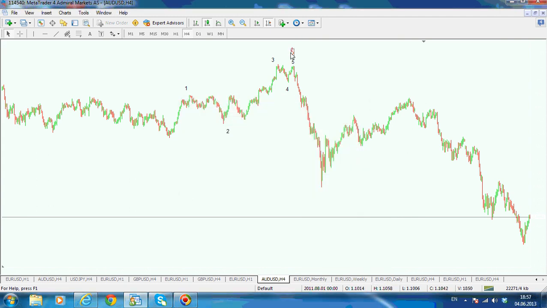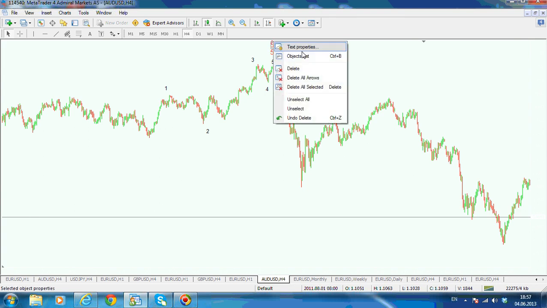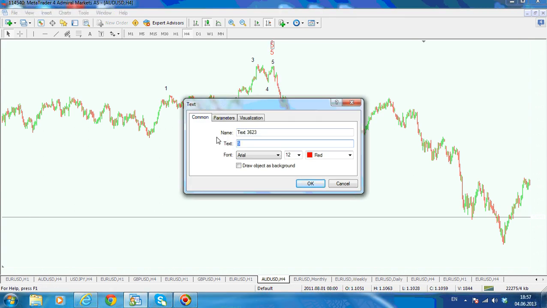Okay, and then this one to be the end, for example, of, I don't know, a third wave of a higher degree.